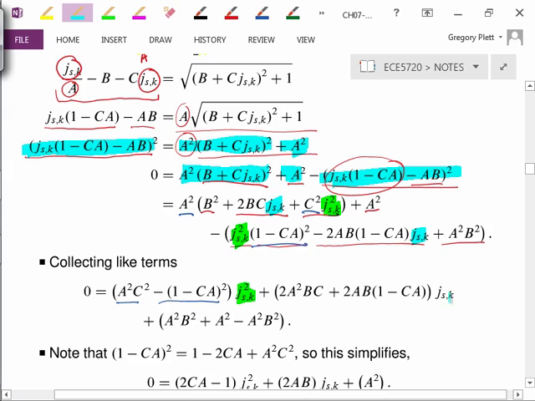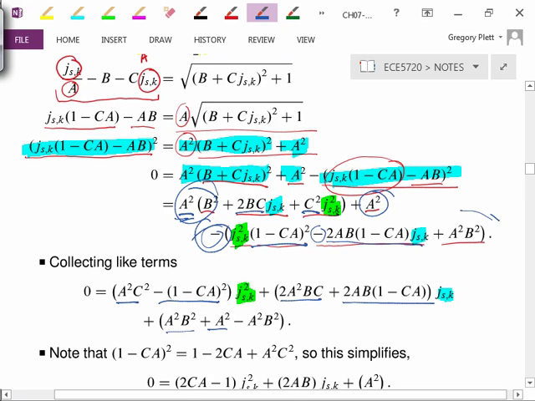There's a plain j_s term right there. So combining those, it looks like I've got an A squared times 2BC, so 2A squared BC is there. And down here I've got a minus thing, so I have plus 2AB (1 minus CA) all times j_s. And finally I've got unit terms, so an A squared B squared term, an A squared term, and a minus A squared B squared term right there.